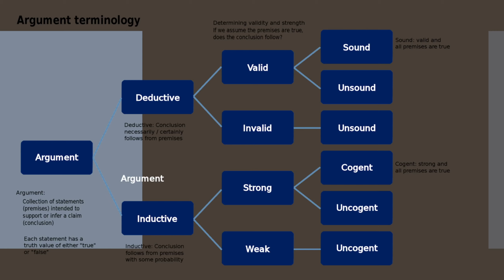In terms of propositional logic and just argument terminology, you could look at things and ideas such as deductive, inductive, valid, invalid, strong, weak, sound, unsound, cogent, and uncogent arguments. But again, that takes quite a bit of education to discuss, and I would have to go into a whole lecture series on it.